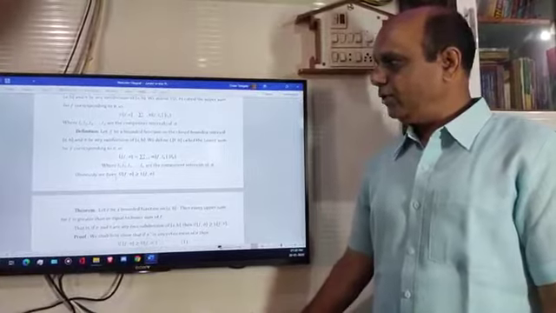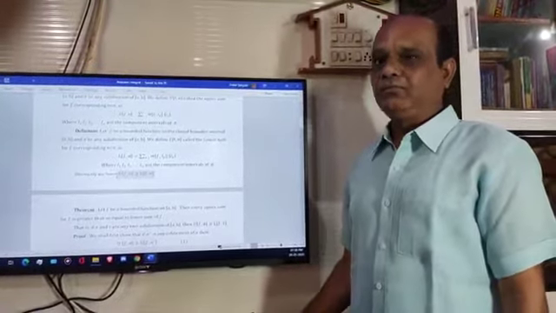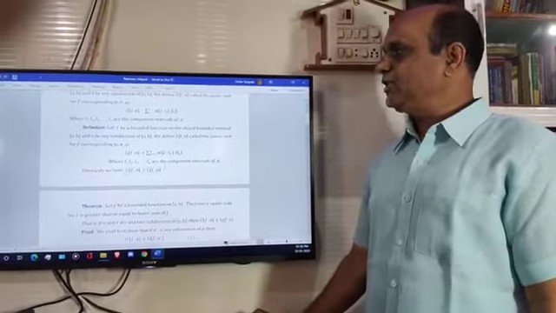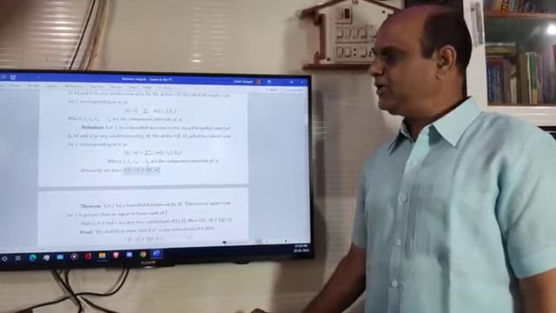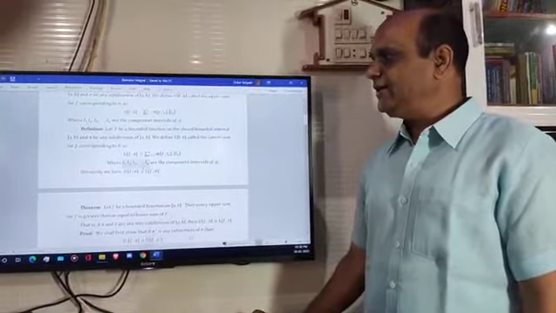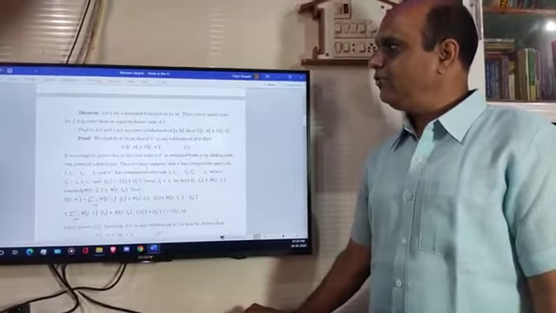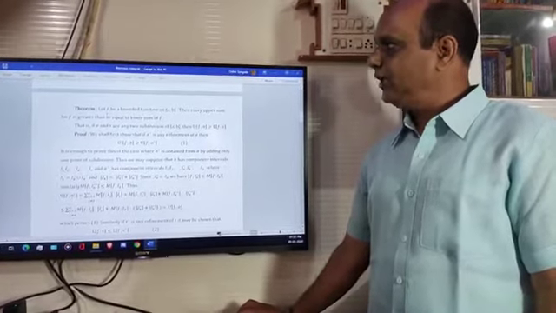Obviously, we have the upper sum for function f is greater than or equal to the lower sum for function f corresponding to the subdivision sigma. This equality holds in case the function is constant, otherwise it is unequal.